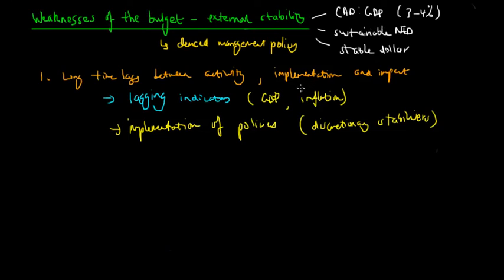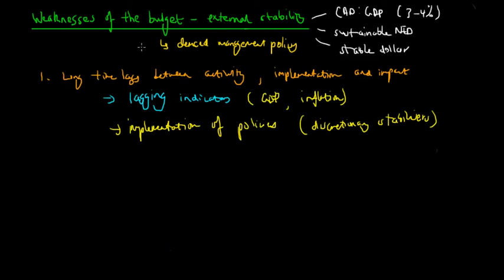Furthermore, to these long time lags between activity and actual recognition, is the idea that these policies to be implemented would actually have to go through Parliament or legislation, and therefore this would represent a very long time process before they could actually be implemented to help achieve external stability.